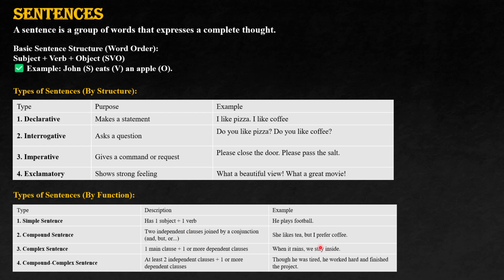For example, here in this compound sentence: she likes tea, but I prefer coffee. In short, a girl likes tea, but instead of ordering tea, I prefer to have coffee, right?